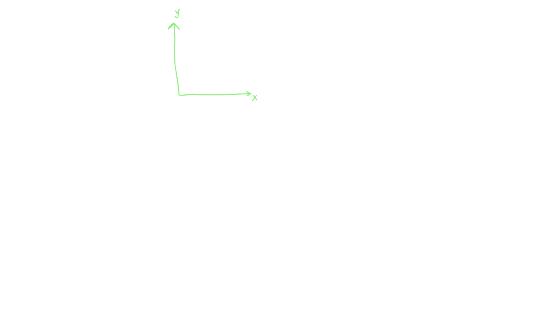If we want to sketch, for example, the vector 2i plus 3j, I think you have an idea how to do this from Physics 1.